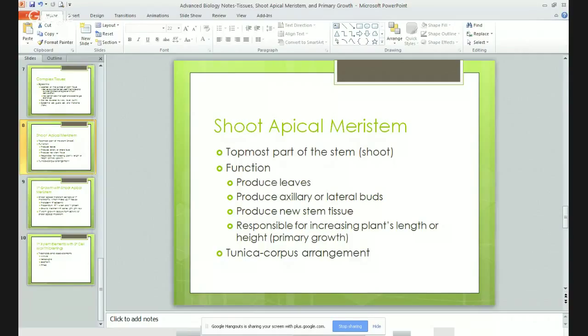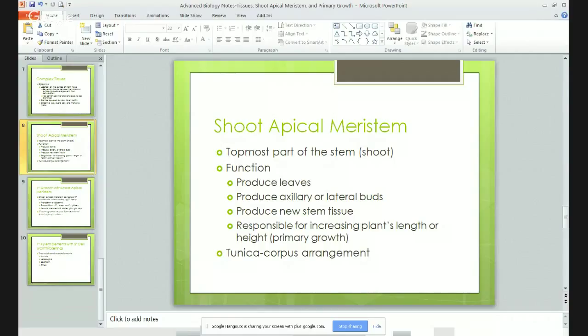If you look at the diagram, I've drawn you those lateral buds. They're small little growth appendages, if you will, off of your stem that might shoot branches. It's also responsible for making new stem tissue, and because of that, it's responsible for increasing your plant's height, which is called the primary growth.